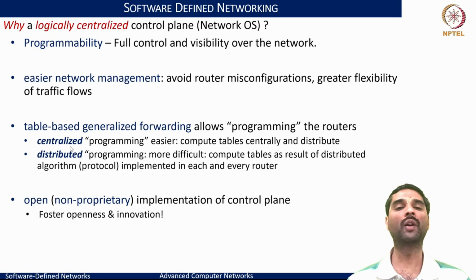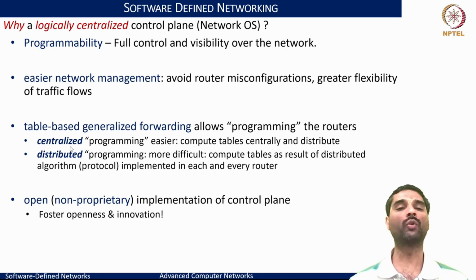But now we have complete control, and that makes the configurations a lot easier, and we could avoid any of the router misconfigurations that would otherwise happen, and we can even get rid of the count to infinity problems that you would have otherwise seen in earlier models.